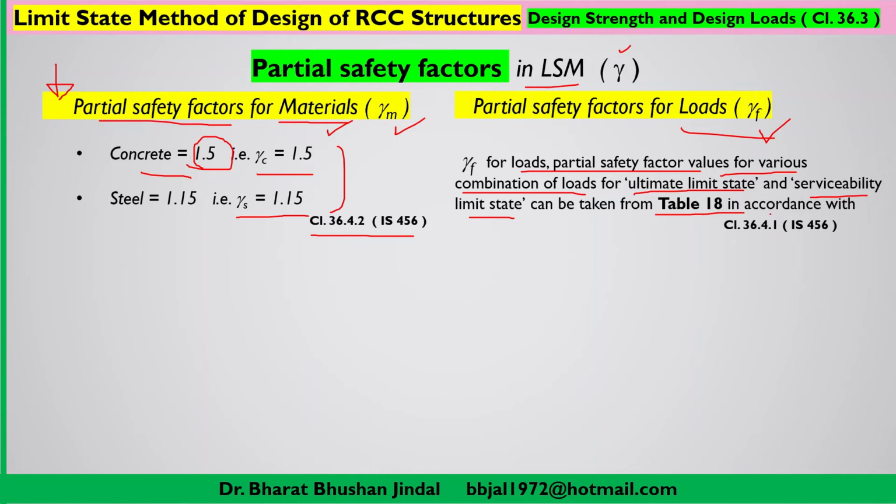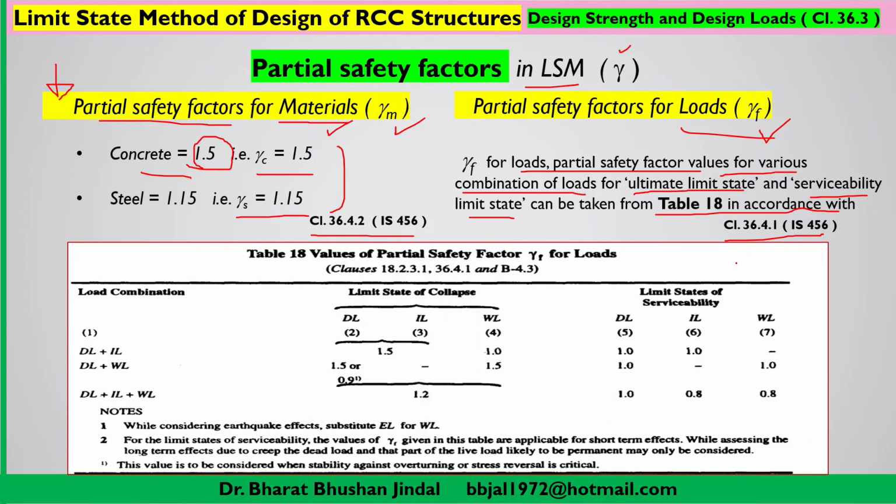And information is available in table number 18 and clause number 36.4.1. Now this is the table number 18 which we have taken from IS 456. So value of partial safety factor gamma F for various types of loads.